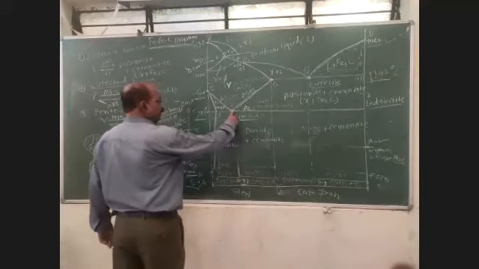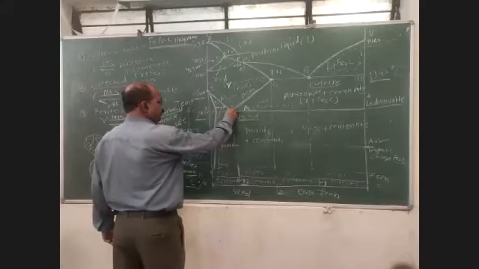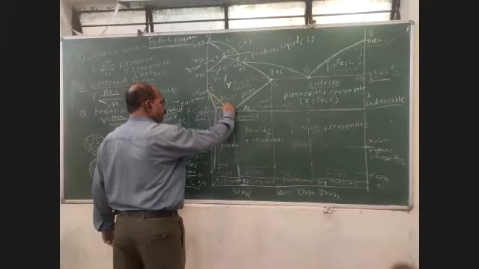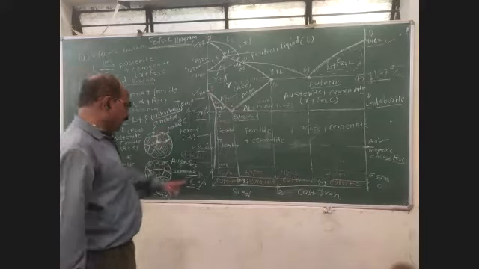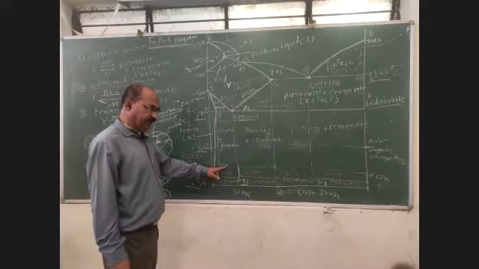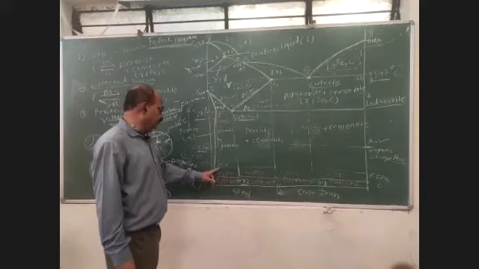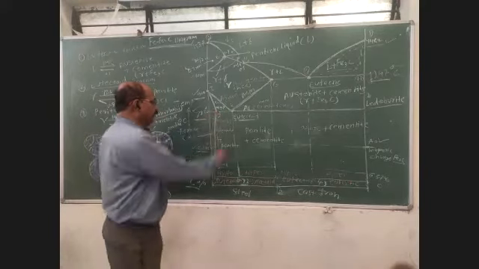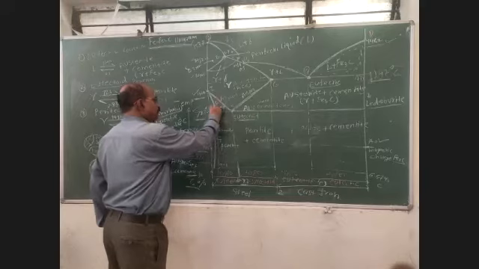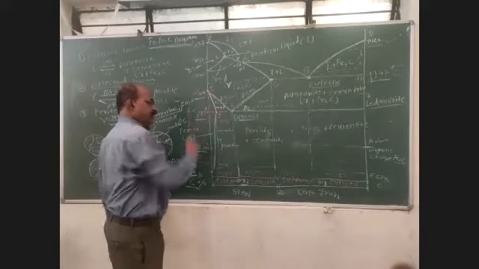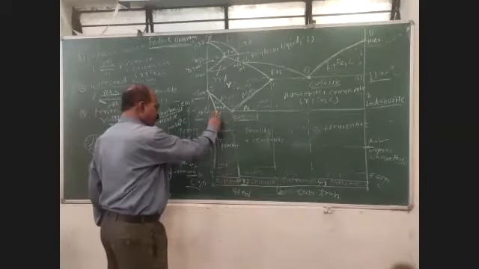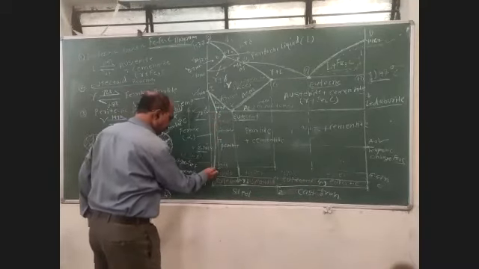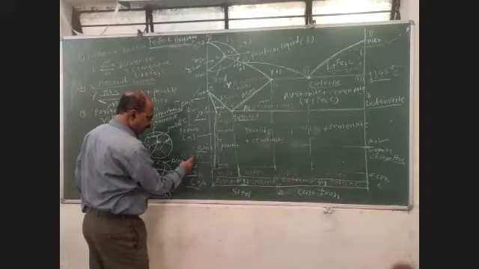And at this point and this line, you have to join. After this, one thing you have to remember, at 0.03 carbon percentage, you draw a vertical line, it will meet here, and from this point you have to draw this line. After this, from this point you have to draw one line, but here is the gap. This gap indicates the carbon percentage 0.008.